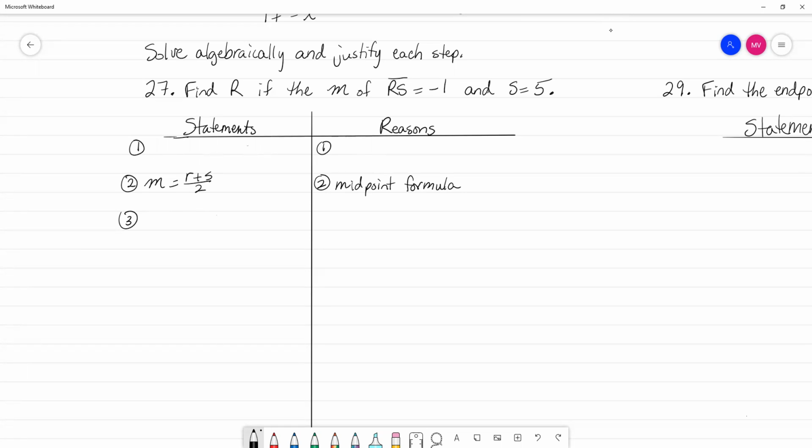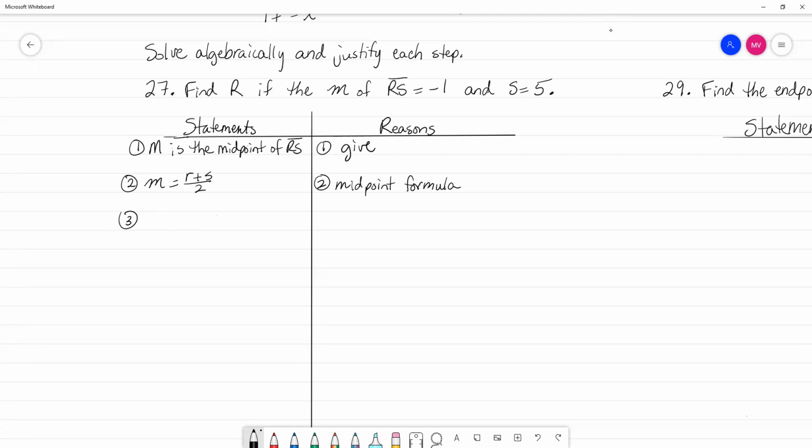The first thing we need to state that we're given is the fact that M is the midpoint of line segment RS. That is given. Then we start off with that given.